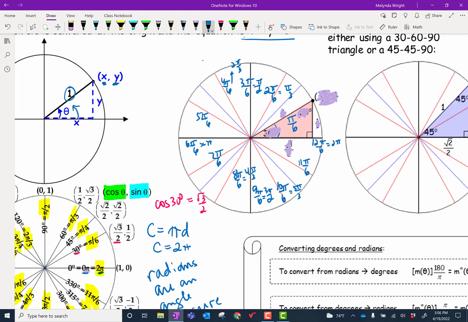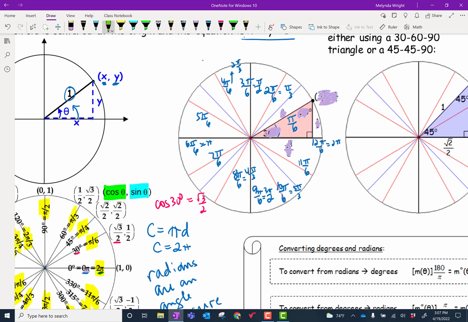So that's how I figure out where 7 pi over 6 is: I just count around. Now we count the 45, 45, 90s and the 30, 60, 90s separately. The blue ones are the 45 degrees.